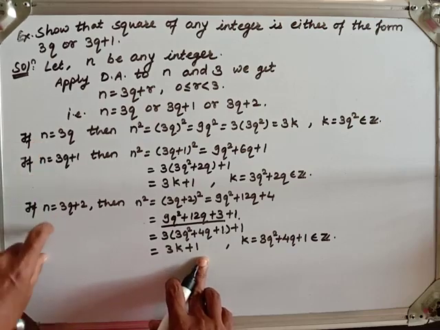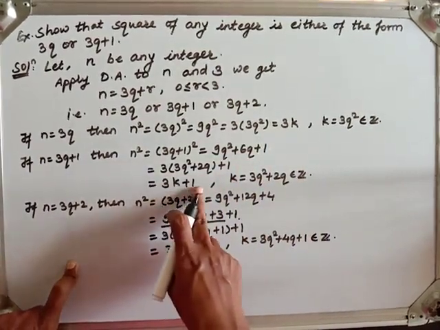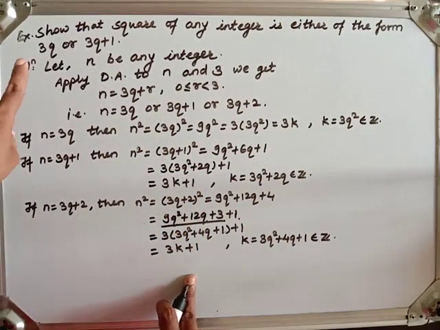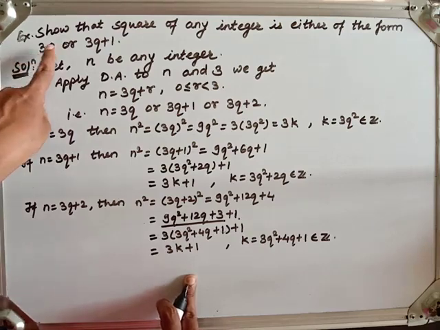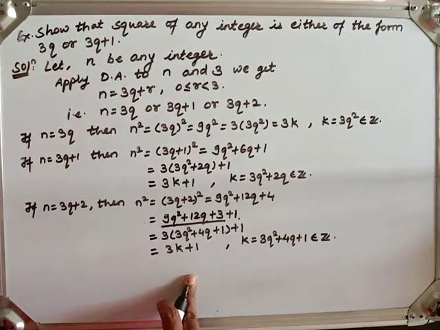So overall, if n is any integer, then its square can be written as either 3k or 3k plus 1. That is the same as saying the square of any integer can be written as a multiple of 3 or a multiple of 3 plus 1.